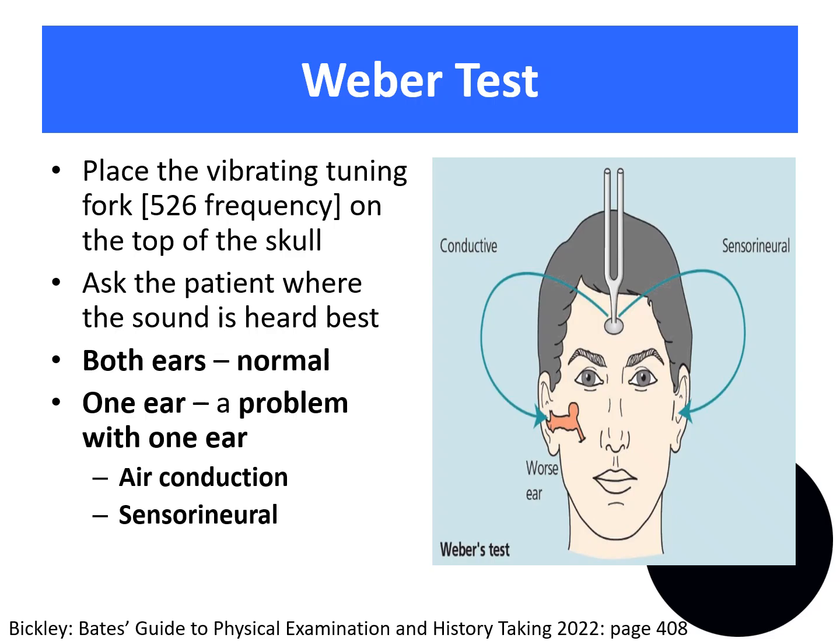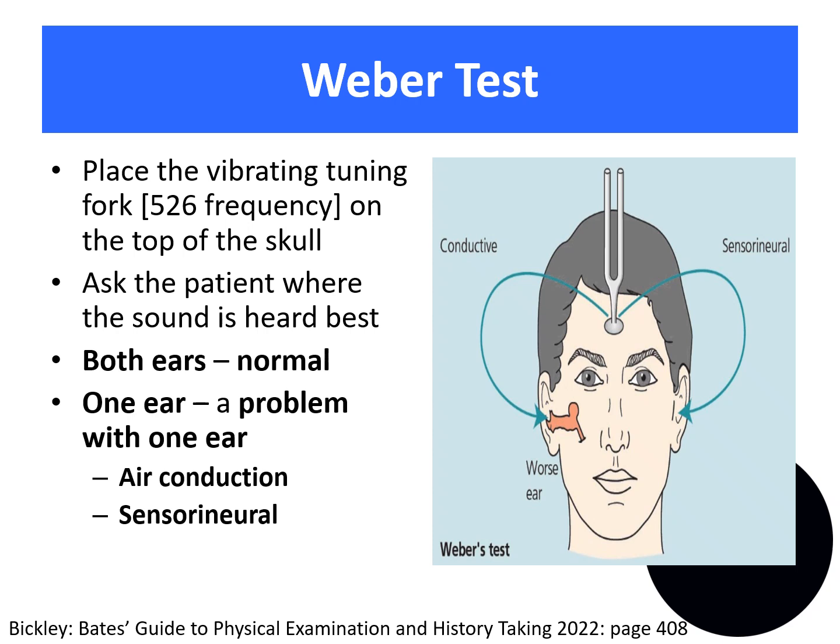An abnormal Weber test means this, and please be very careful with how you hear this and remember this because you need to understand this. So, are you listening? When a Weber test lateralizes to one ear, there's a problem with one ear. It doesn't say to you, oh, it lateralizes to my right ear, therefore the ear that has the problem is my right ear.